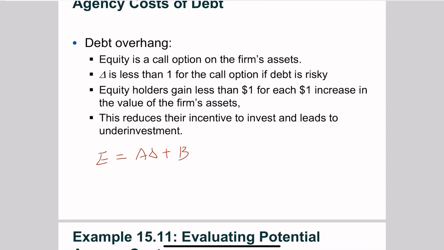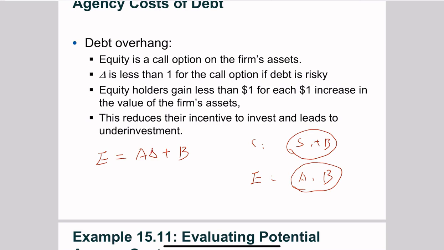Here I am actually talking about the binomial pricing model, because we learned in the binomial pricing model that a call option can be replicated by a stock and a risk-free bond. And for equity, its underlying asset is the firm's asset. So the firm's equity can be decomposed into the firm's asset and a risk-free bond. That is, the value of equity can be replicated by a portfolio of the firm's asset and the risk-free bond.